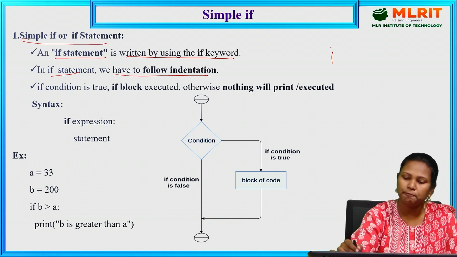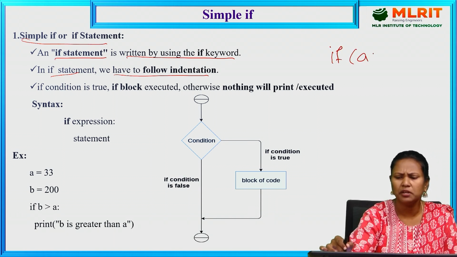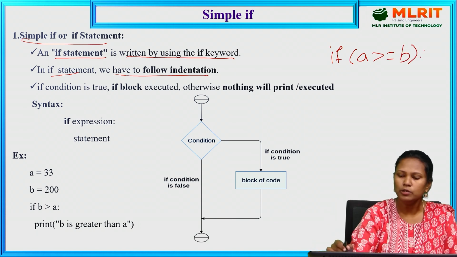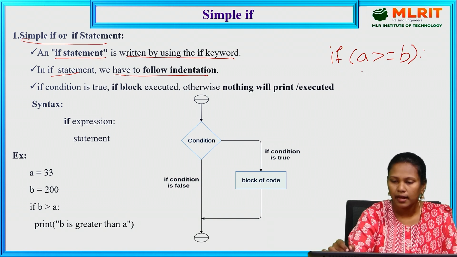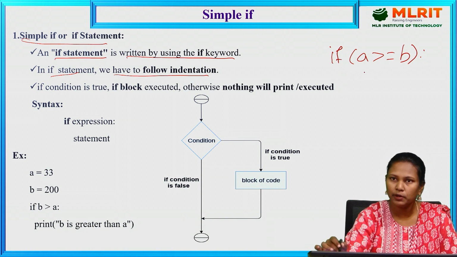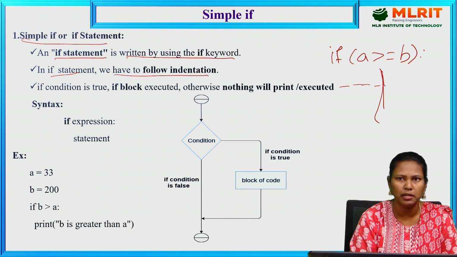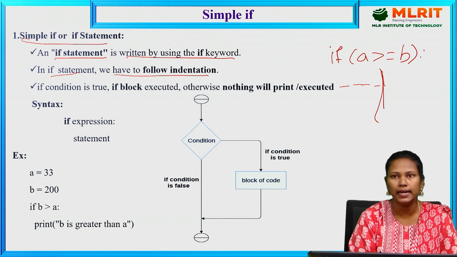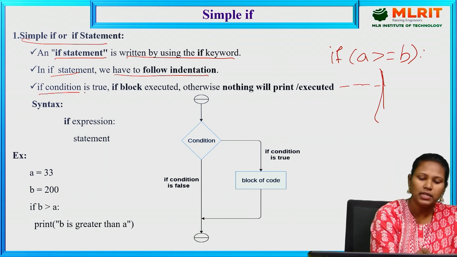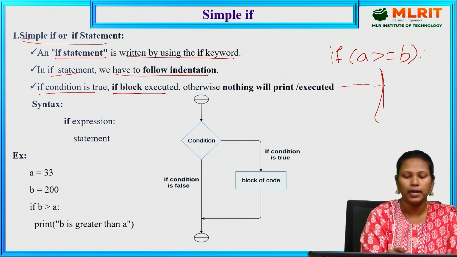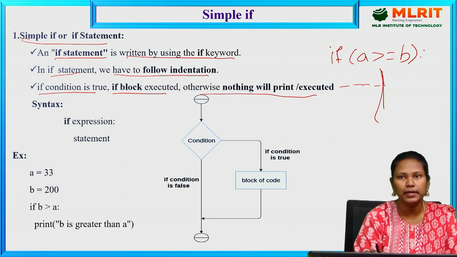If it is the if block, I have one condition: A greater than or equal to B. After that, whenever you press enter, it goes to a new line that takes 4 spaces. Python does not support curly braces, so it follows indentation only. If the condition is true, the if block is executed, otherwise nothing is executed.